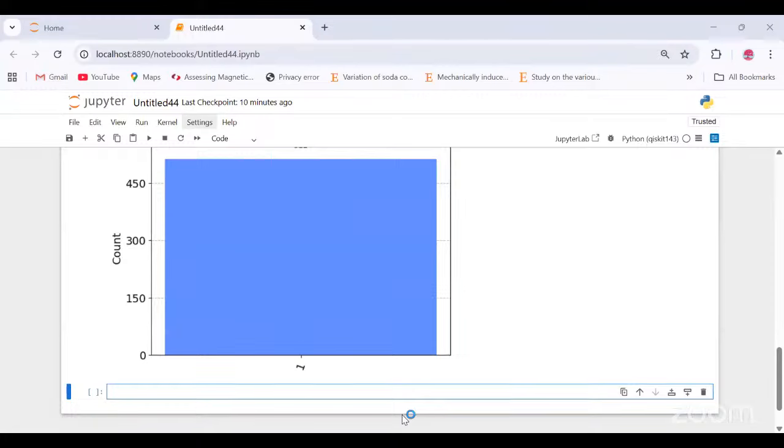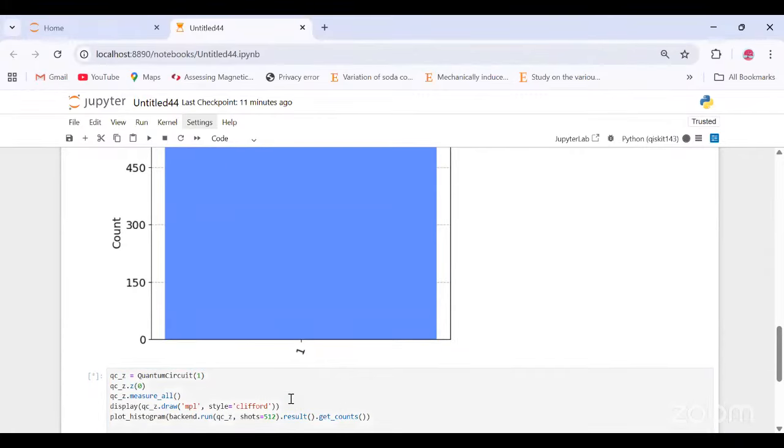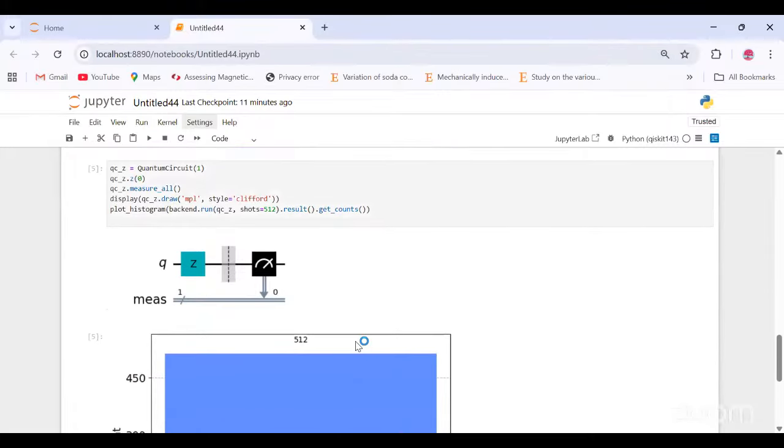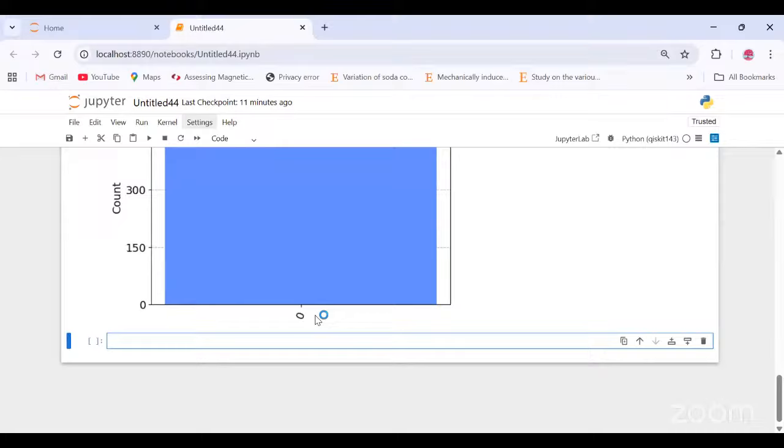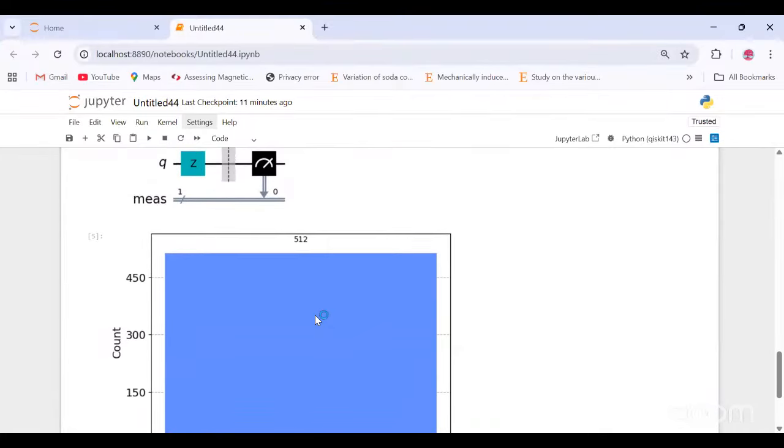So now we will run the Z gate. For the Z gate, we have an output like this. See the histogram. There is a Z gate. In the histogram, we get 0 for the 0.